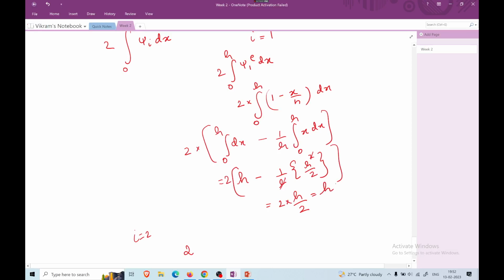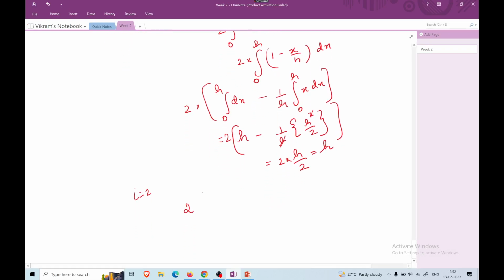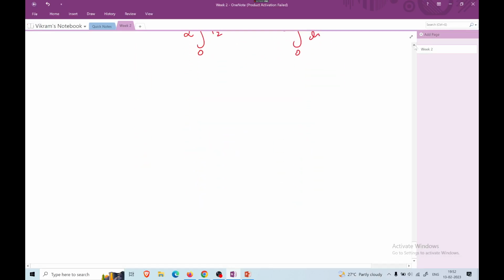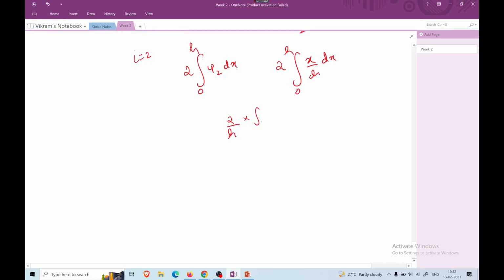2 times integral psi 2 dx from 0 to h. Psi 2 is x by h, dx from 0 to h. So 2 by h into integral x dx from 0 to h, 2 by h into h square by 2, again h.